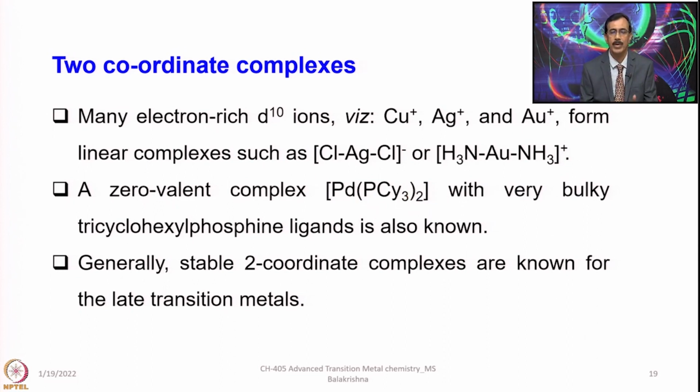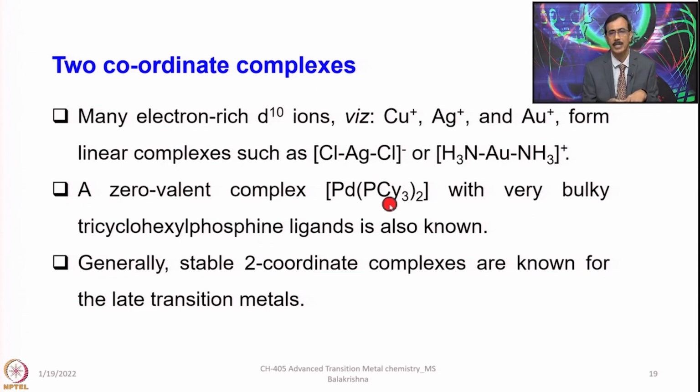The preference is always for 4 coordination in case of nickel, palladium and platinum with d8 electronic configuration. However, with bulky ligands we should be able to stabilize palladium with coordination number 2. In this case phosphines come very handy, especially bulky phosphines.